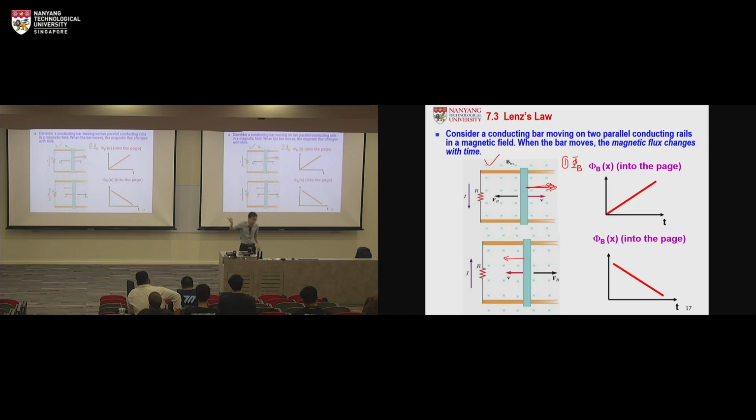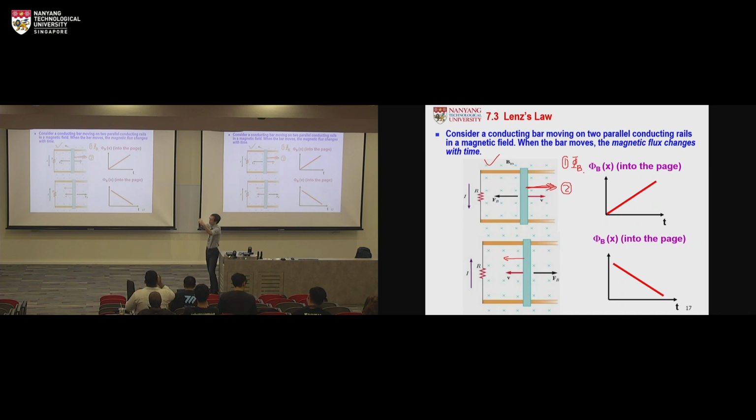And then step 2, what kind of induced flux will you have based on Lenz's law? How can you suppress this kind of change? Where should the induced magnetic flux be pointing? It should be out of the page, right?